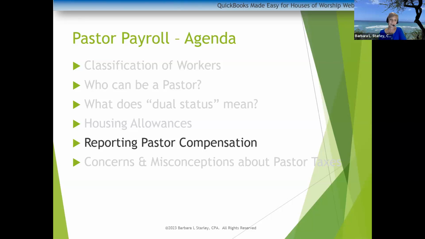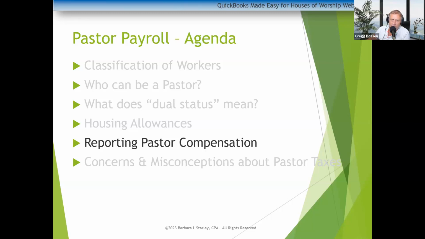Generally, that doesn't happen, and probably a better way to handle that would be for the church to actually pay that person reasonable compensation, and then let that renter, if you will, that person living in the parsonage, pay the church for the value of it. Pay it back.